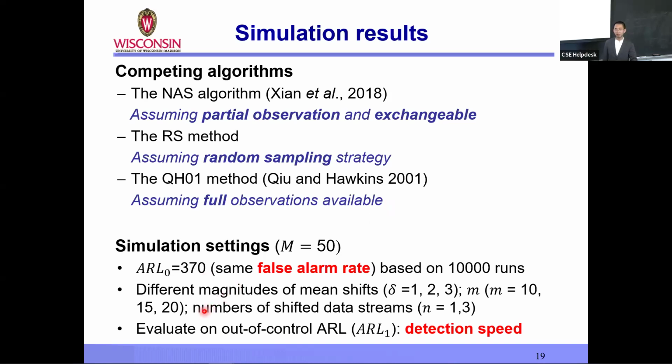And we introduce the mean shift differently, like we have different magnitudes of the mean shift and different numbers of monitoring resources, and also different numbers of shifted data streams here. And we evaluate the performance based on the out of control average run length. So you can consider this one as a detection speed or detection delay. So basically the smaller value of this one, the quicker we can detect those anomalies.